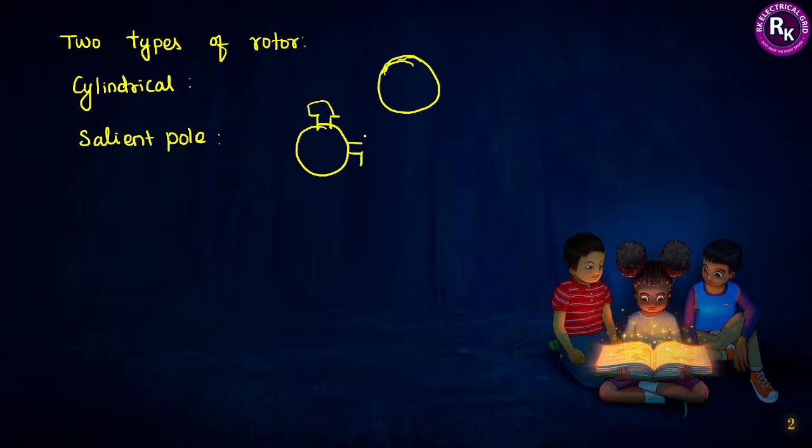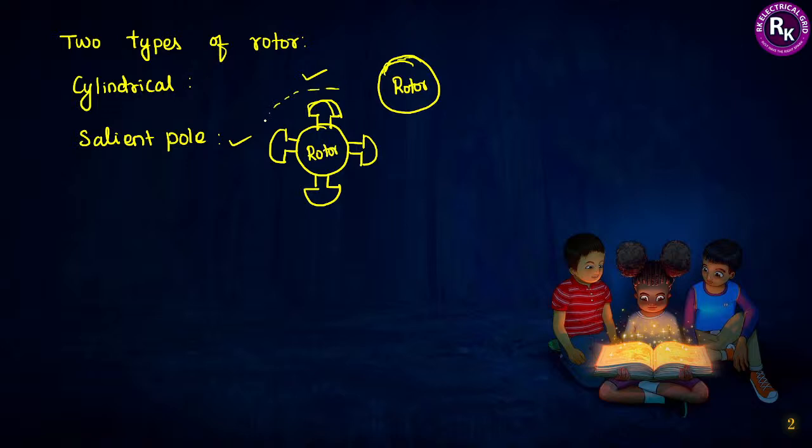If you observe a rotor structure like this, it is simply called a salient pole machine. That is the basic difference between cylindrical and salient pole machines. So this is the rotor structure for cylindrical, and this is the rotor structure for the salient pole machine.